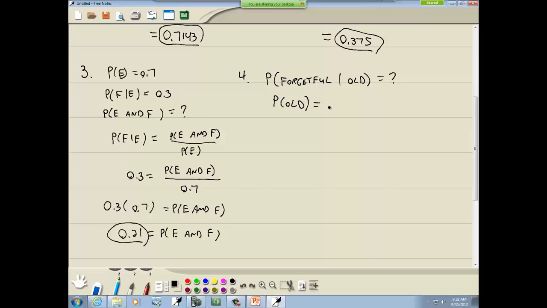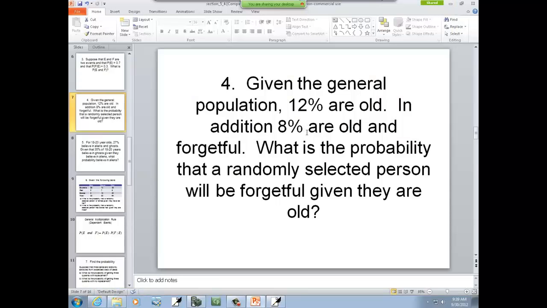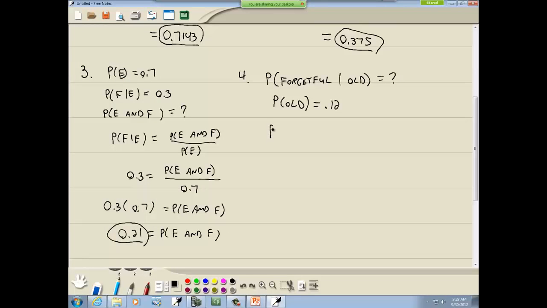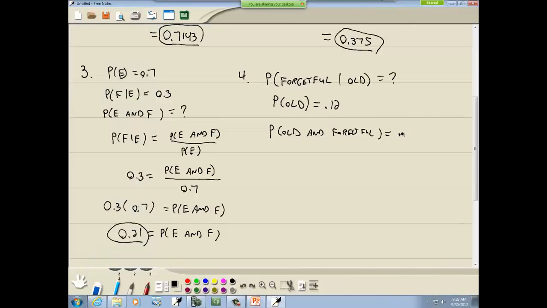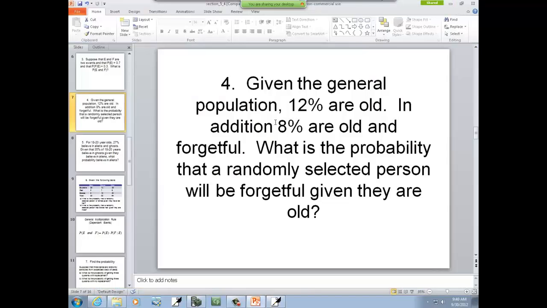So the probability of old is 12%. In addition, 8% are old and forgetful. So old and forgetful are 8%. Okay, that's all the information they give us.